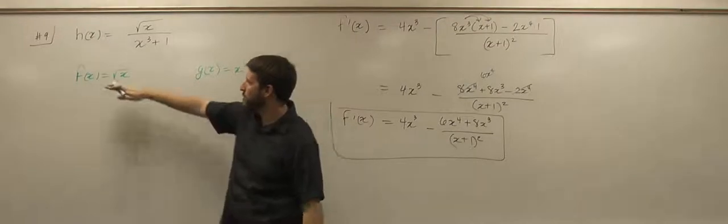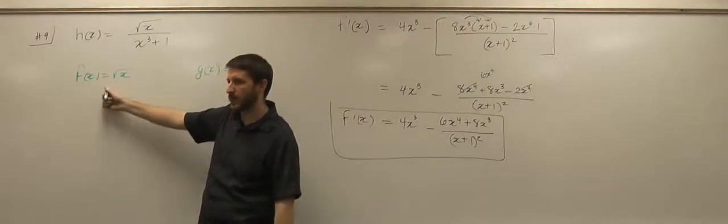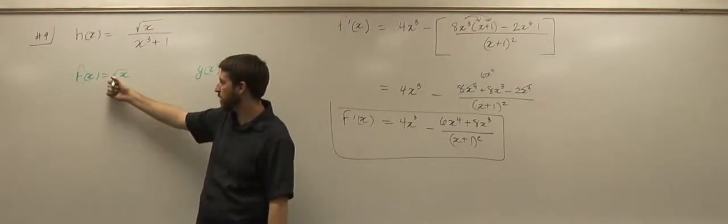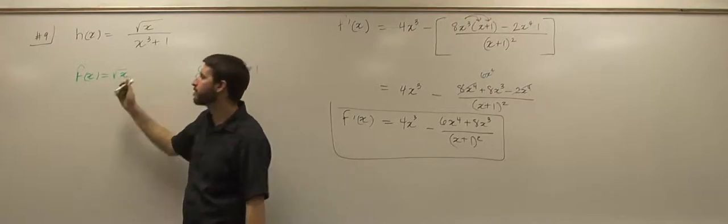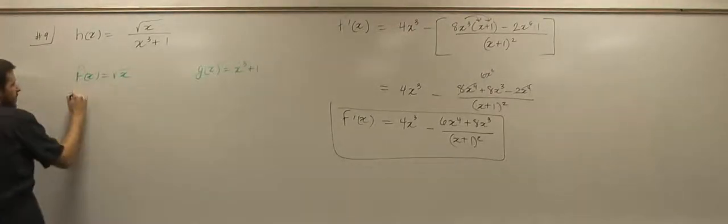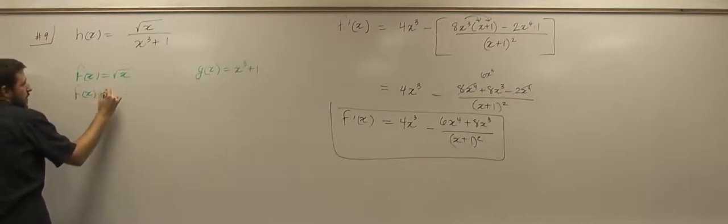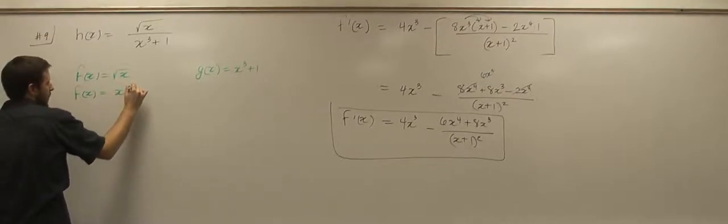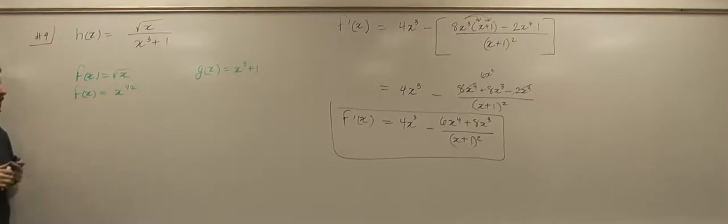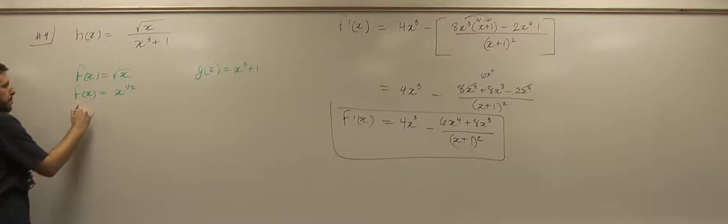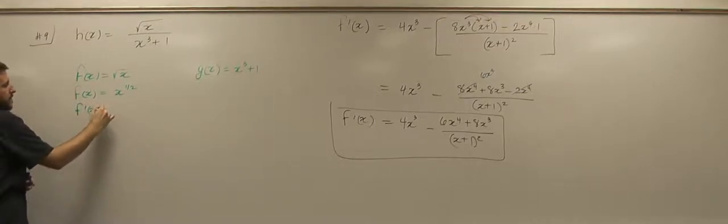Now, when you actually derive here, you're going to need to rewrite this. When you're taking the derivative of the square root, you want to rewrite it as what? x to the half. Yeah, the square root is the 1/2 power. So before you do any derivatives here, I would rewrite this square root of x as x to the 1/2. Then you can do the derivative pretty easily, I think.